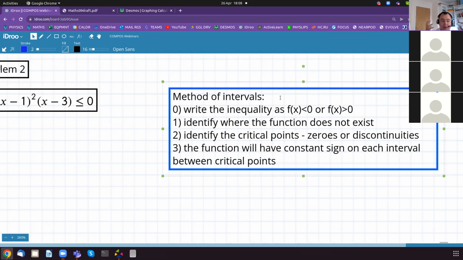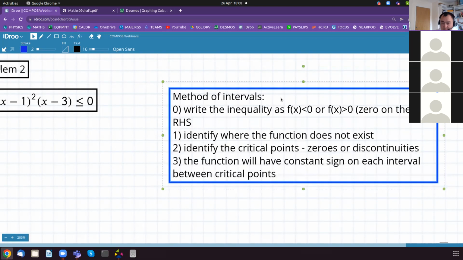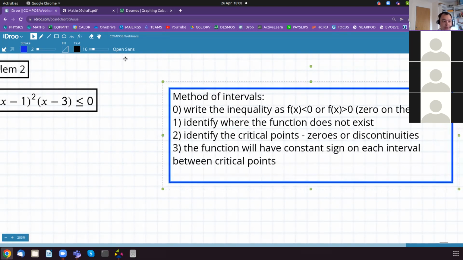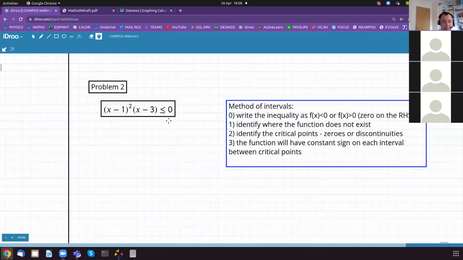Basically, what I'm saying is you have to have 0 on the right-hand side. Okay, so let's follow this instruction and solve this inequality.